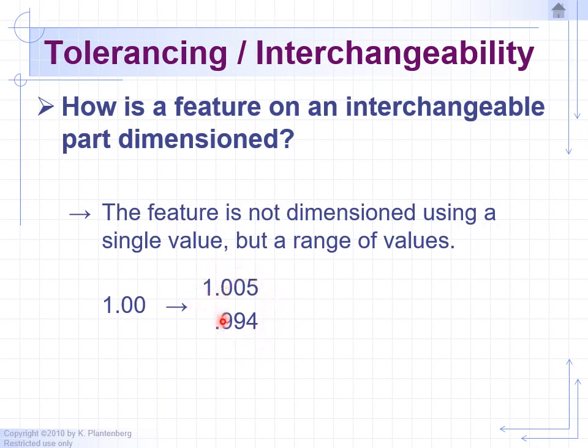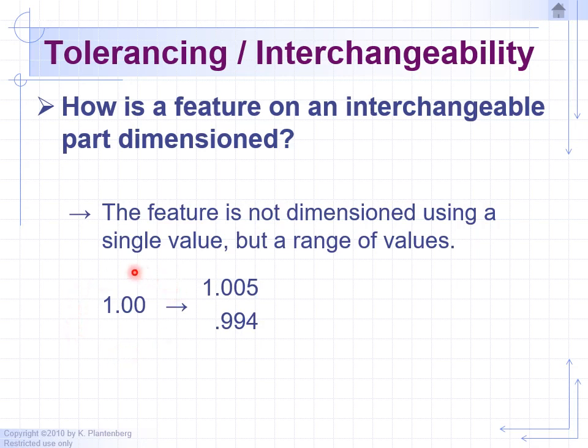So how much can you be off by? You cannot ask for a perfect 1.00 inch diameter part. It's impossible. The machines that make the part, whether it's a lathe or a 3-axis Fadal, are not perfect, nor are the measuring instruments. A measuring tape, a set of calipers, or a ruler is not perfect either.